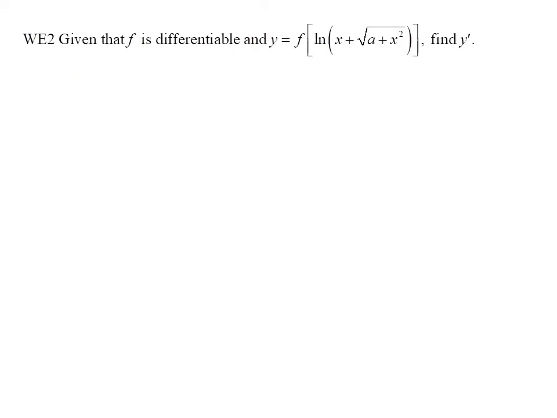The question in example 2 is to find the derivative of the composite function y equals f of natural logarithm of open bracket x plus square root of a plus x squared close bracket, where function f is differentiable. Since it involves the composite function, chain rule must be used to find its derivative.